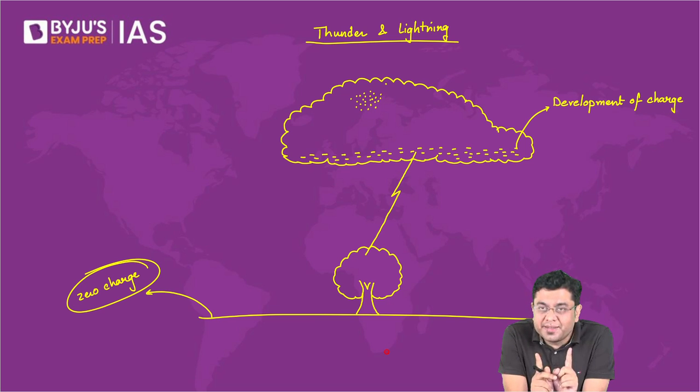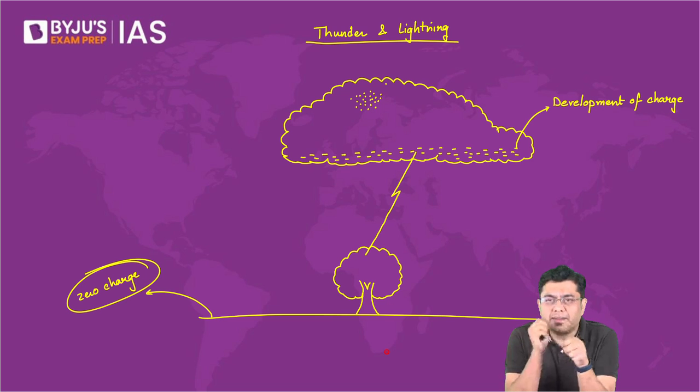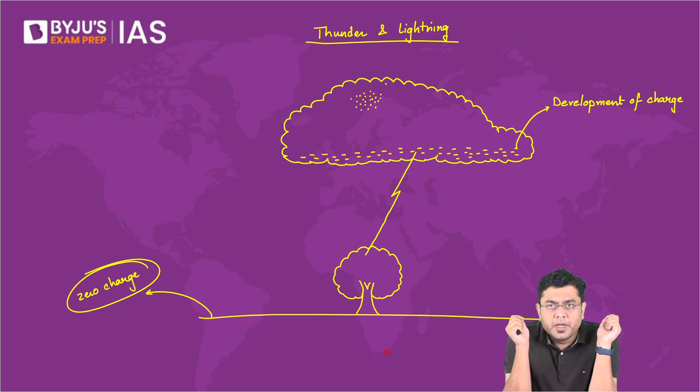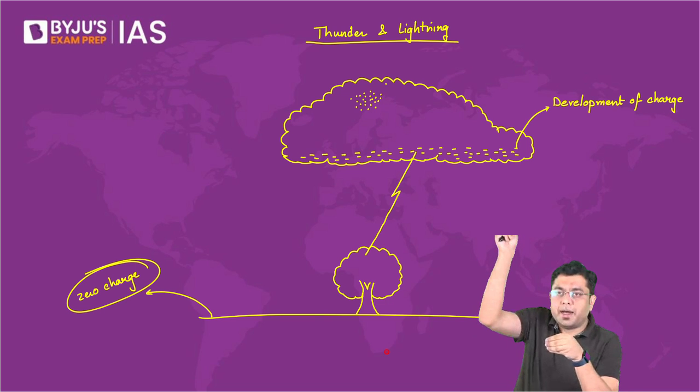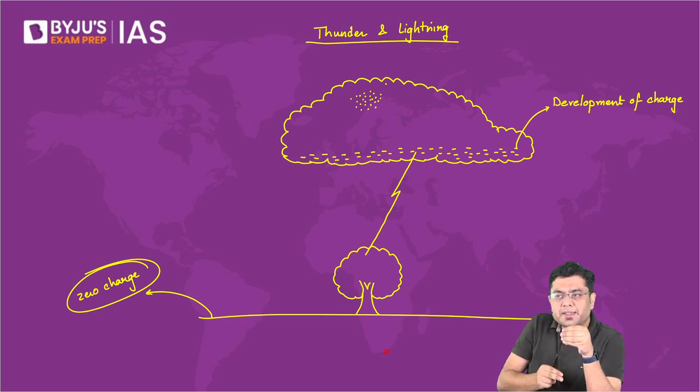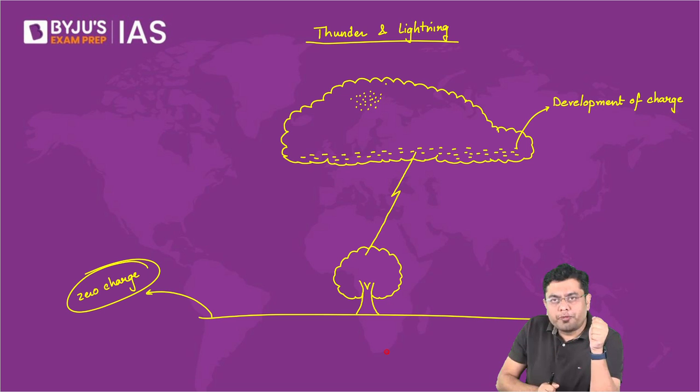I will repeat this again and listen to this carefully this time. When we talk about a cloud, it will have numerous different particles. Now, whenever you rub the particles against each other, they tend to gain or lose electrons, right? Suppose you have a particle, another particle is coming there, rubbing against it. It might take an electron from that particular particle, and it might develop a charge.